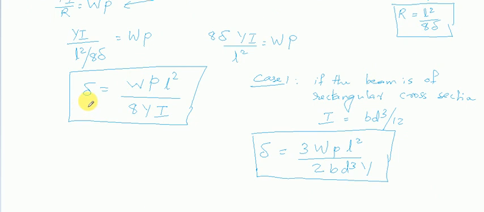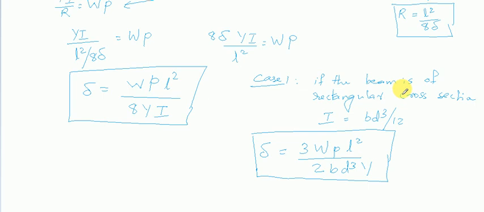And therefore, delta equal to WP L square over 8 YI. What is W? The weight hung on both sides. P is the distance of the point of suspension of weight from the knife edge. L is the length of the beam between the knife edges. Y is the Young's modulus of the material, and I the geometrical moment of inertia.